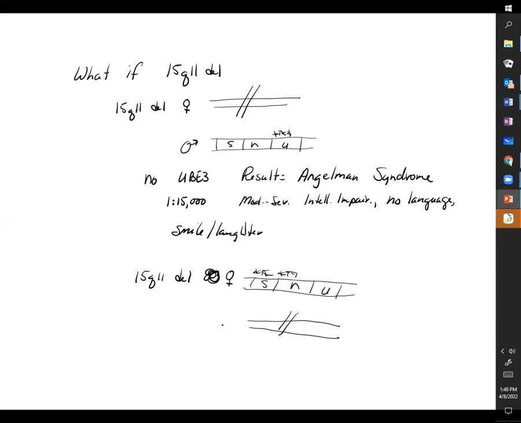This is the maternal chromosome. Our paternal chromosome is missing these genes. So in this case, we have a significant reduction in serpin and nectin, and that also has a phenotypic result. The result of this is not Angelman syndrome, it's Prader-Willi.